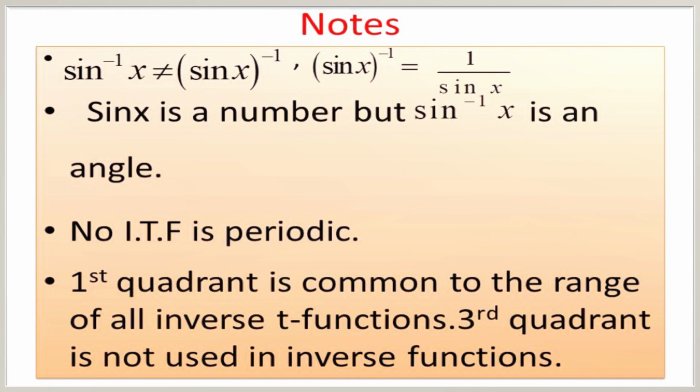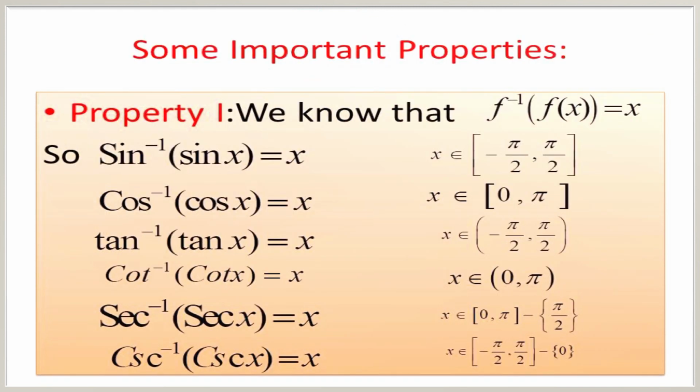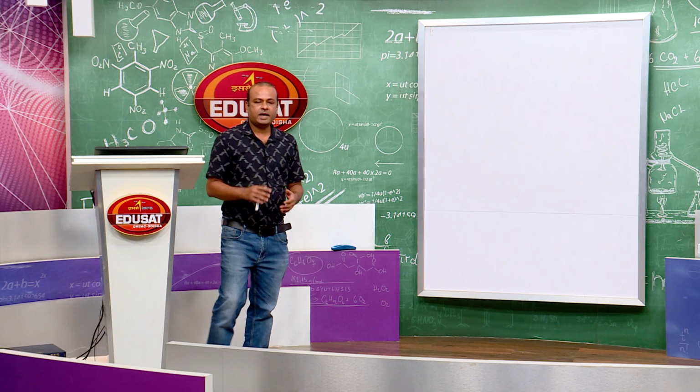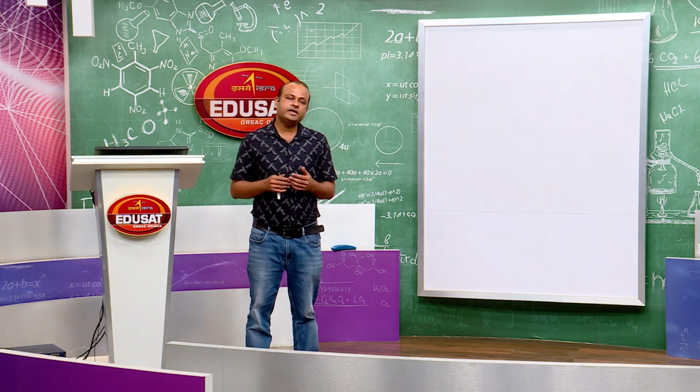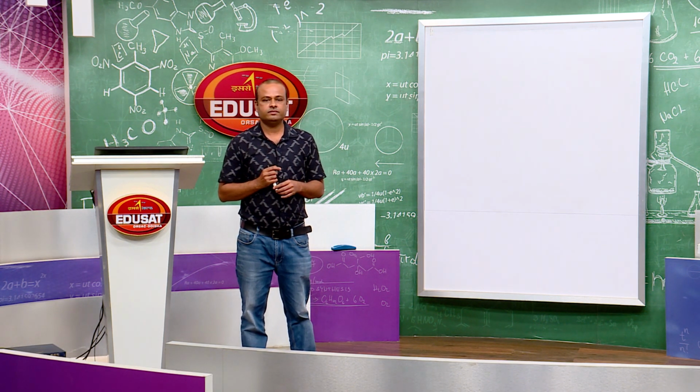Consider the case of sin inverse x. The range of sin inverse x is the closed interval of minus pi by 2 to pi by 2, and for cos inverse x, the range is the closed interval of 0 to pi. For tan, you can see from the table that I gave you in the previous class that the first quadrant is common to the range of all inverse trigonometric functions.